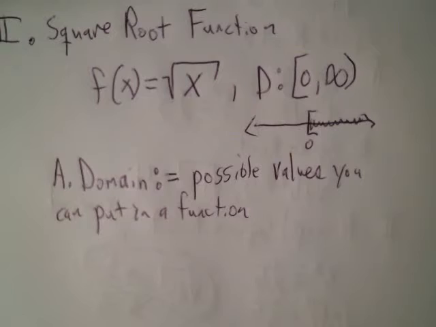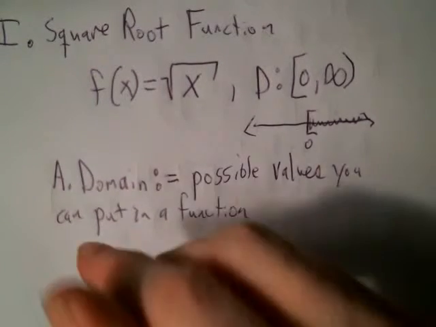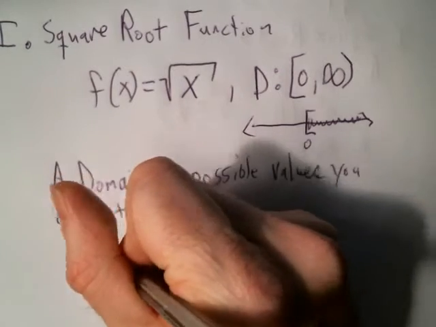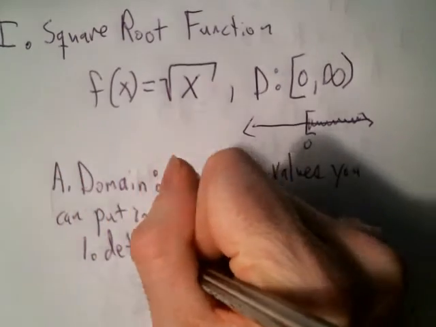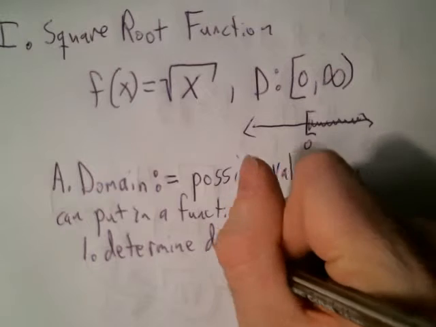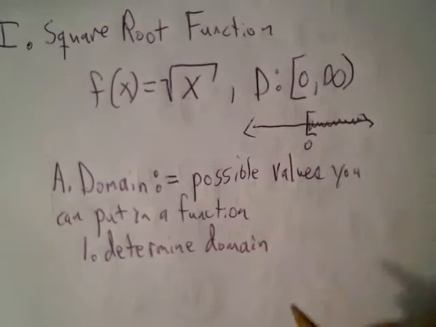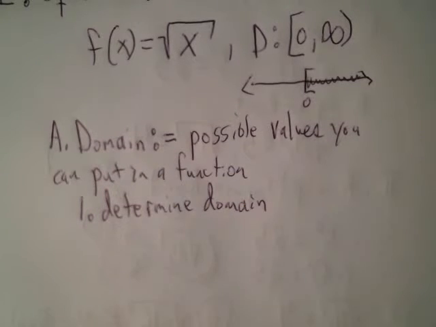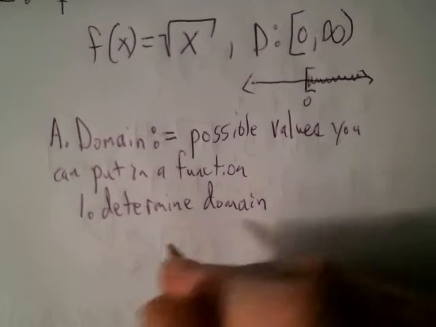Okay, so the process for determining the domain turns out to be solving an inequality. So determining your domain, you want to make sure that anything you put inside of the square root is greater than or equal to 0.